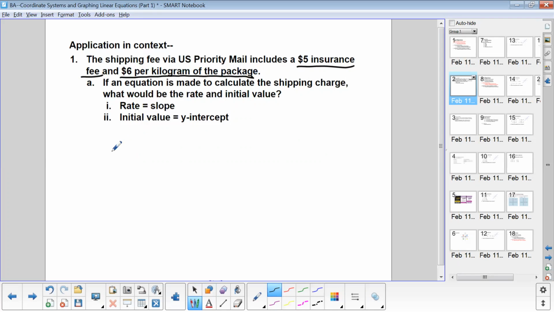So if it was an equation, we would say y equals $6 per kilogram with an initial fee of $5 for the insurance. So it could be a small package, maybe not even quite a kilogram, but the insurance that's included would be $5 for that shipping. So the rate in this case is the coefficient.